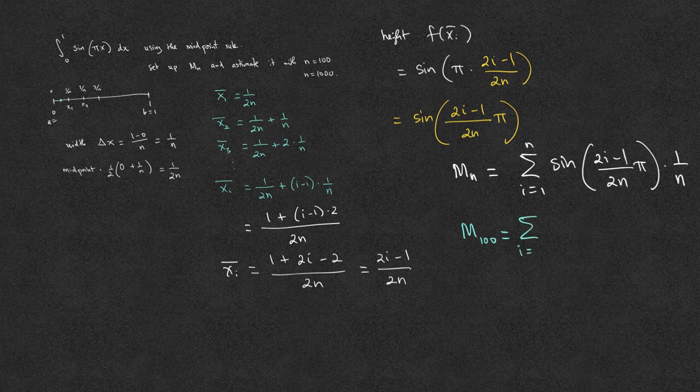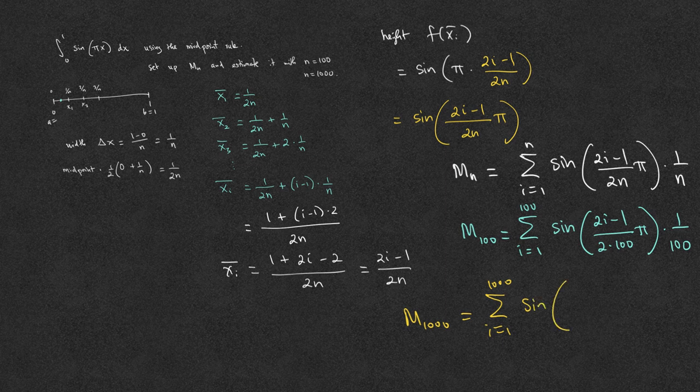M sub 100 is the sum as i goes from 1 to 100 of sine of ((2i minus 1) over (2 times 100)) times pi, times 1 over 100. Similarly, M sub 1000 is the sum as i goes from 1 to 1000 of sine of ((2i minus 1) over (2 times 1000)) times pi, times 1 over 1000.